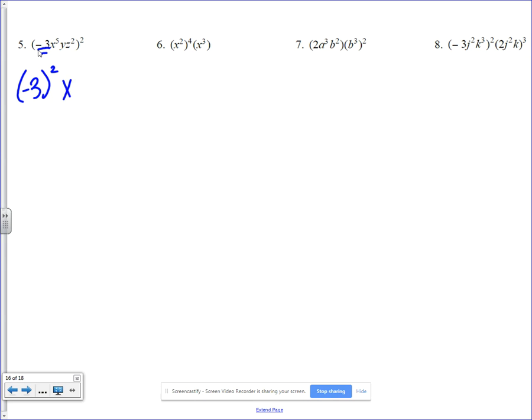Multiply them. So that'll be x to the, what's 5 times 2? 10? Is that okay? That y also has a 1 on it. What is 1 times 2? Yep. And how about the z's? Wonderful. Finally, the last thing I need from you, Dalton, is what is negative 3 squared?